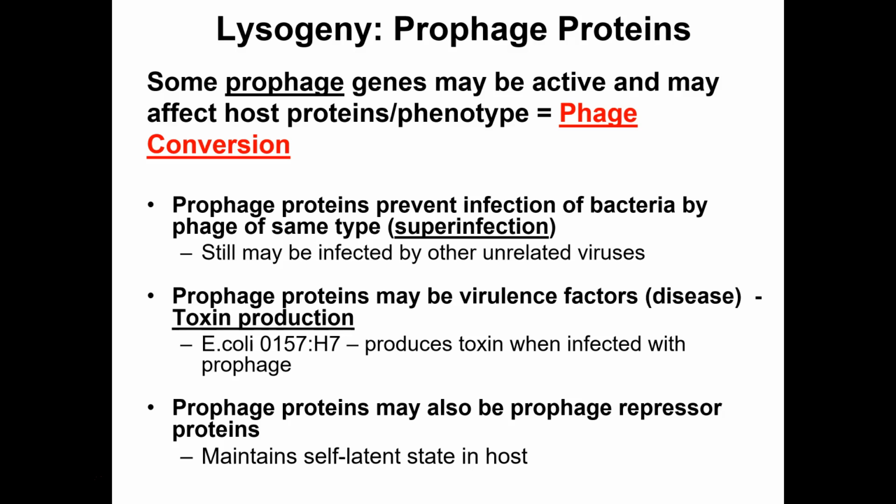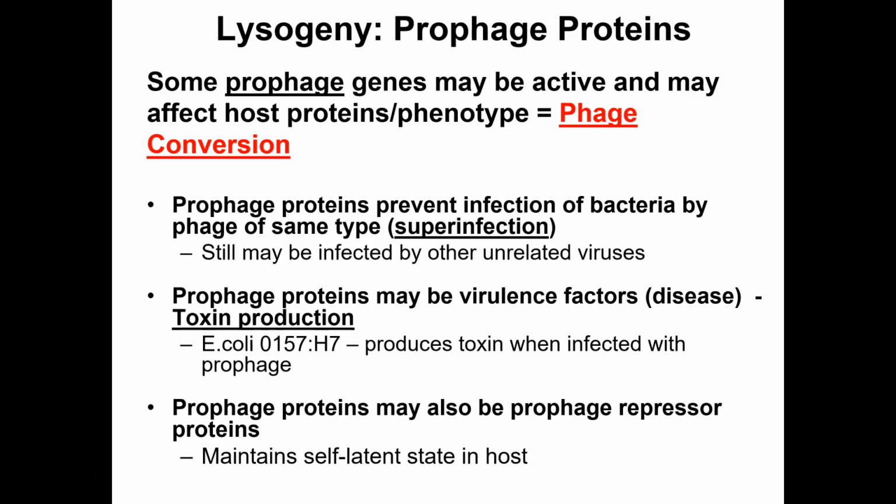But in order to remain latent, those genes must be turned off. How they go about doing this, that's really for a virology class. But for many prophages, while most of the genes are repressed, not all of them are. So imagine a prophage leaves a couple of genes on to be transcribed and translated into viral proteins.